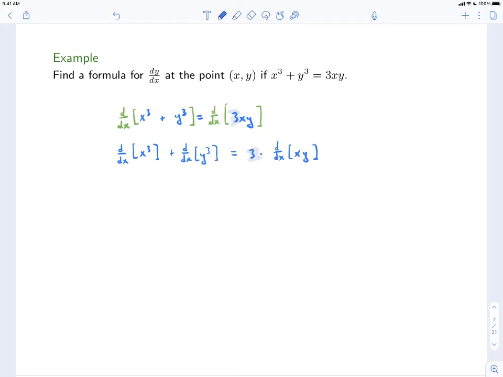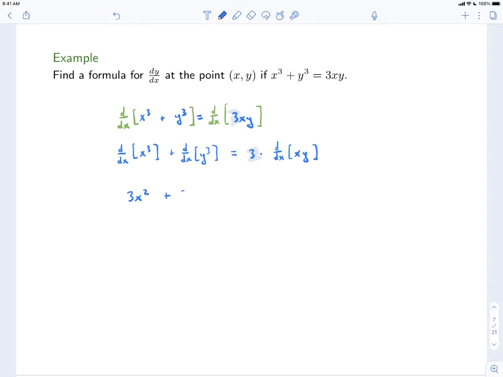So let's start with the leftmost term. The derivative with respect to x of x cubed, we simply apply the power rule, 3x squared, plus, and now we need to apply the chain rule. We have the derivative with respect to x of a function raised to the 3 power, something cubed. So the first thing we do is we use the power rule on that cubic function.